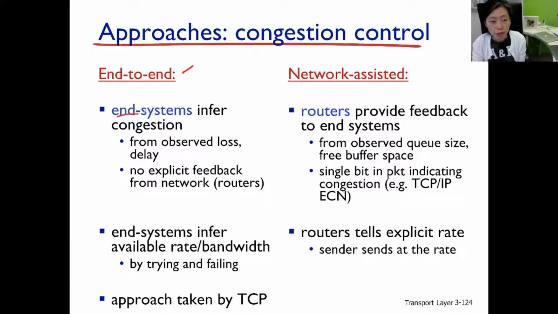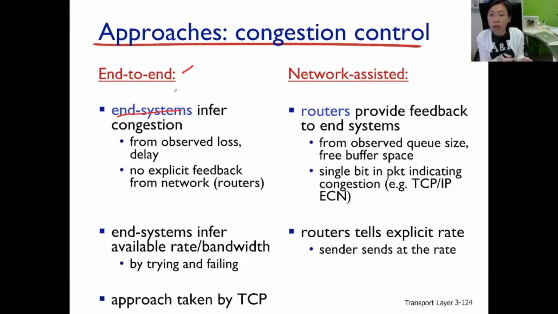So in this approach, the end systems will need to infer if there is a congestion occurring inside the network. If you recall back in TCP, what we're doing is sending multiple packets in one flight to the receiver. Receiver sends ACKs back. And all these packets and ACKs carry sequence numbers. So the receiver can actually detect a gap in the packets being received, and therefore sends duplicate ACKs instead of new ACKs.